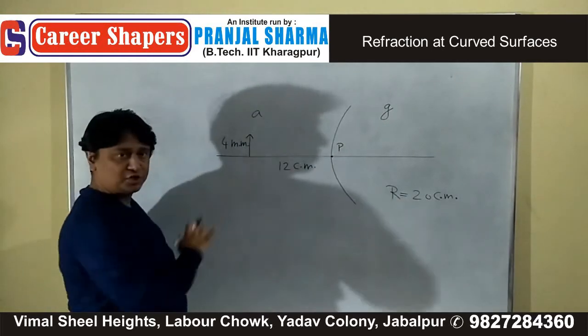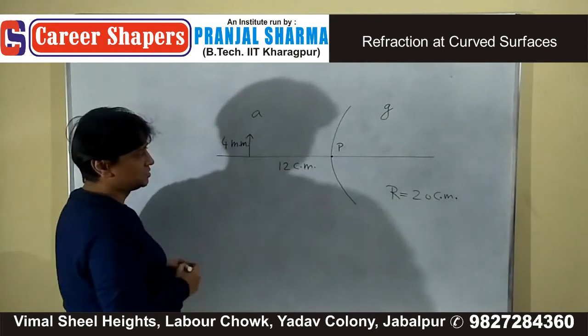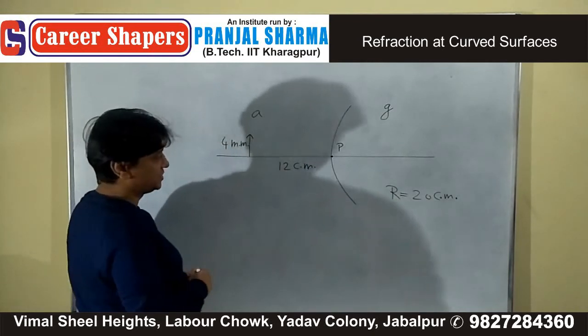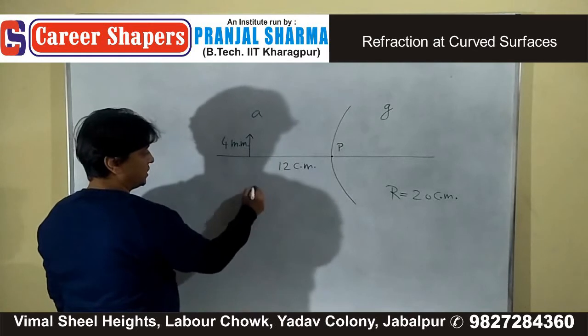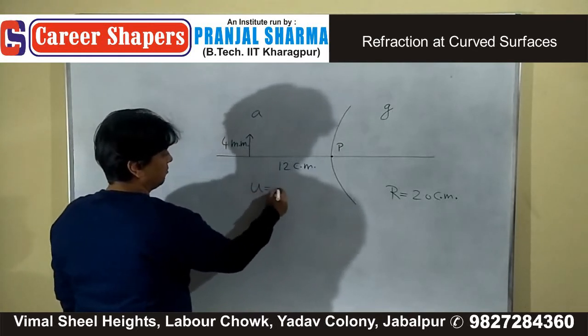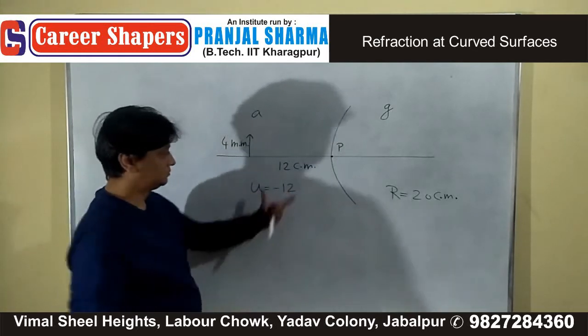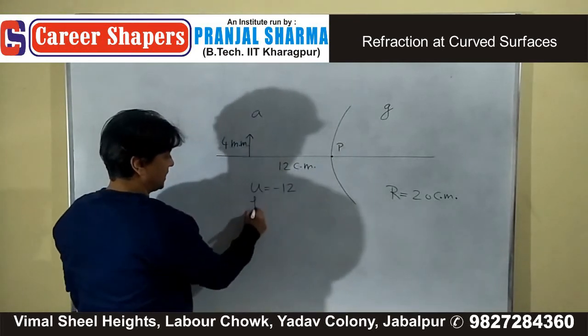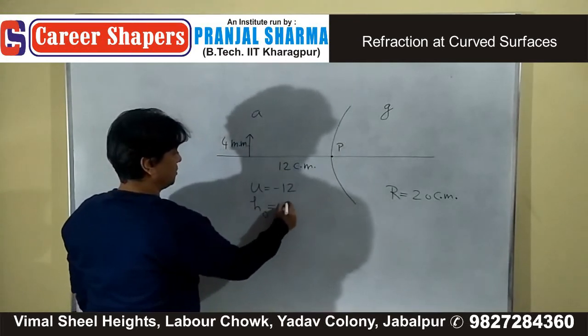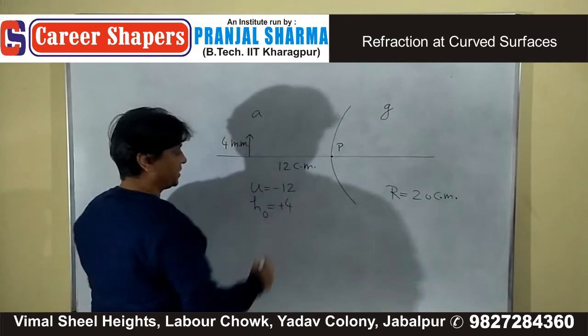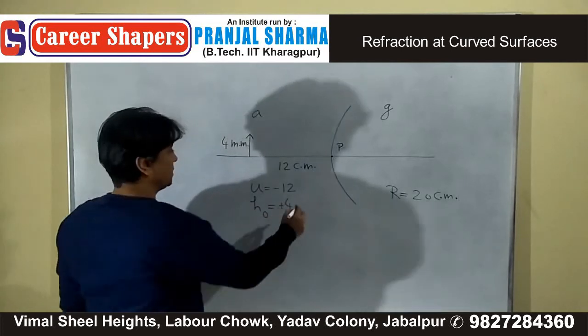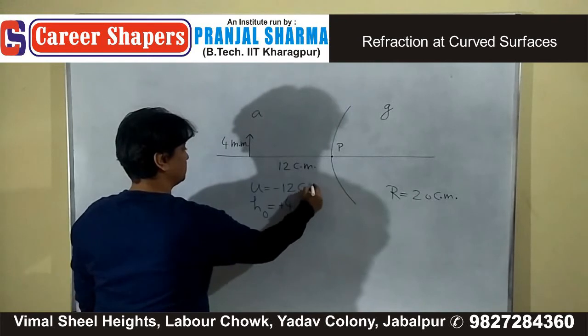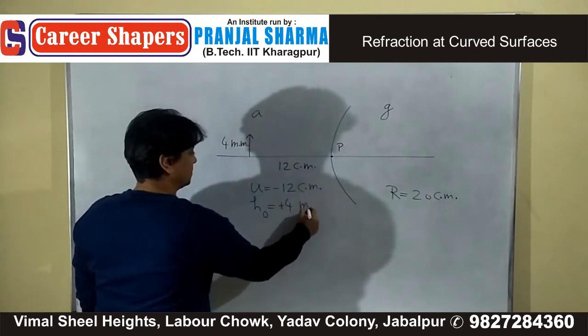Once they give you this much information, first thing is you should write down these values. What is U? Minus of 12. It's on the left side. What is HO? Plus 4, this is millimeter.